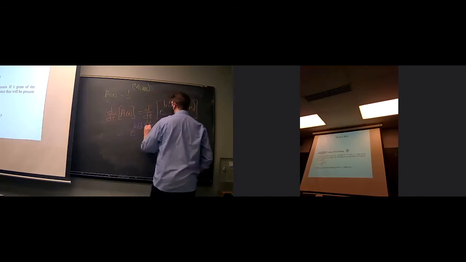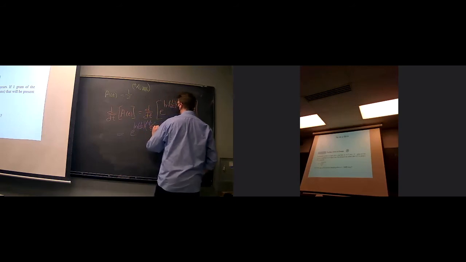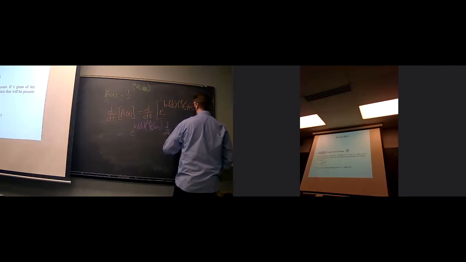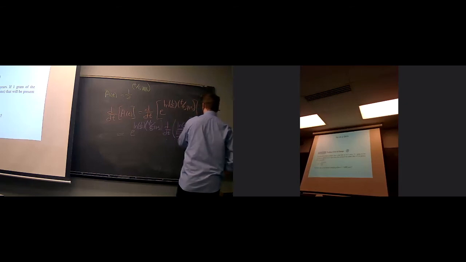This is going to come out to be e raised to the ln of 1/2 times the quantity t over 5,715, times the derivative of what's in our exponent, right?